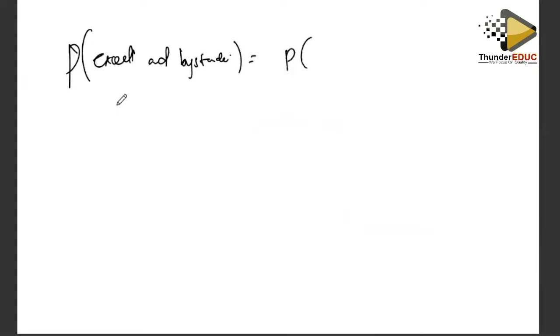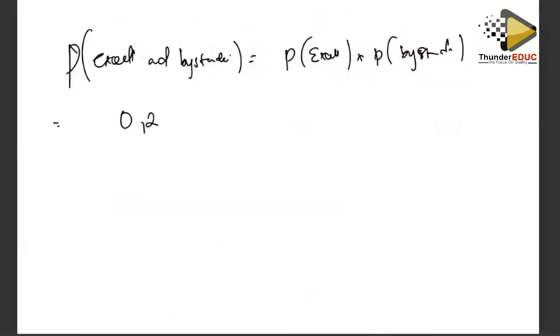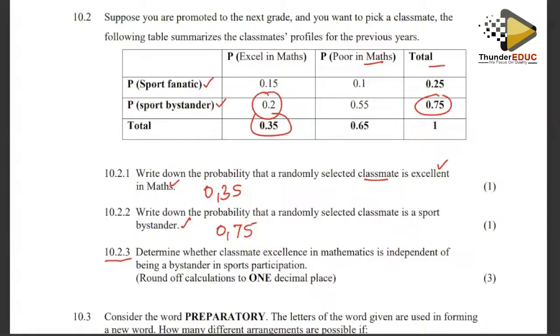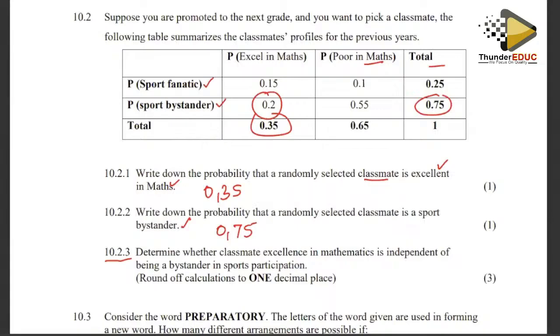It should be the same as the probability of excelling times the probability of bystanding. Okay, so the probability of excelling and being a bystander is 0,2. Okay, this is what we are having. Probability of excelling is 0,35. Probability of being a bystander is 0,75.